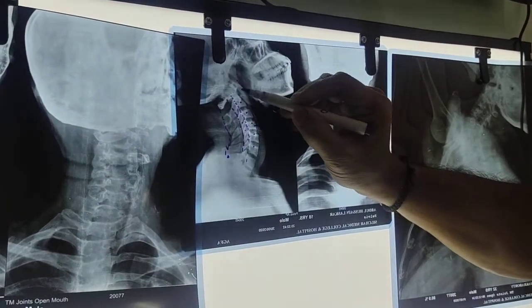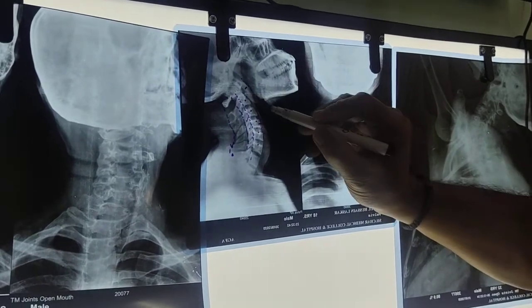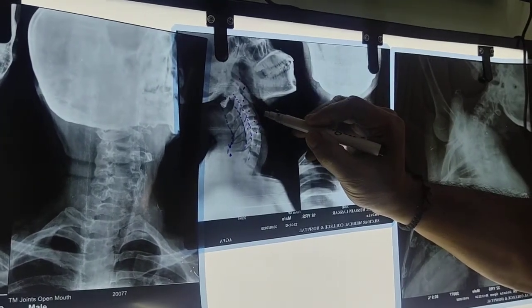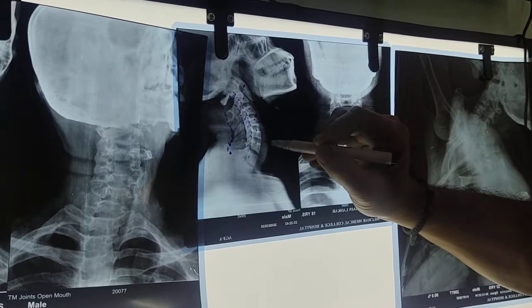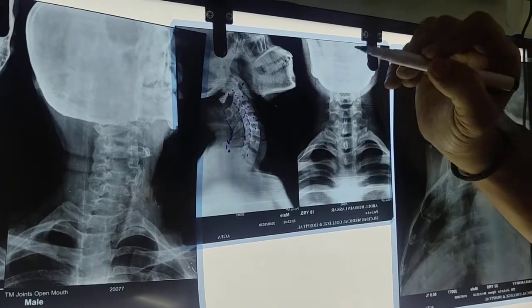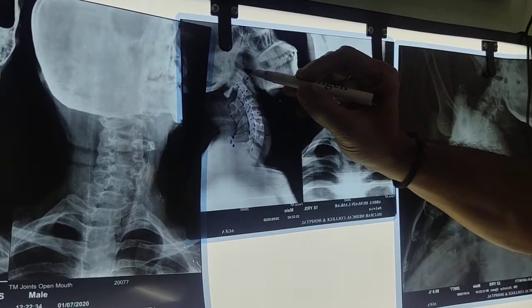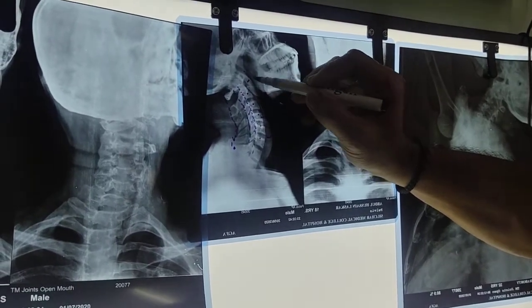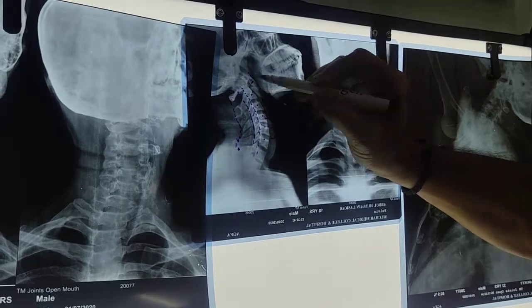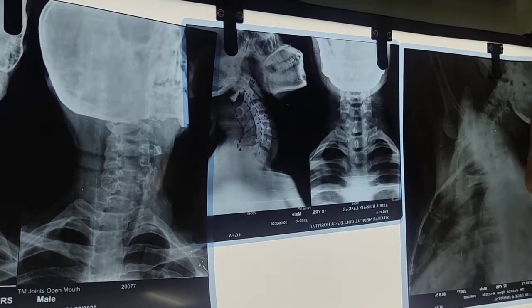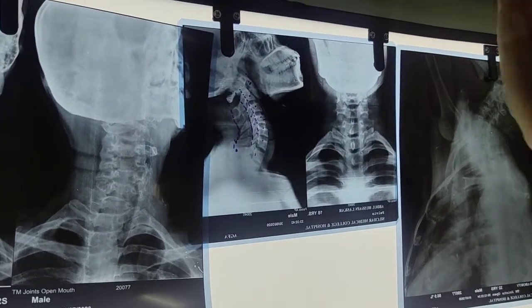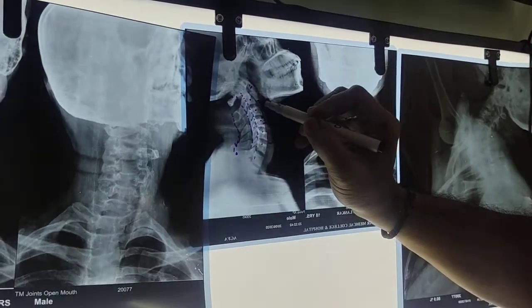This part is a bit more, almost 10. Here it is coming down to 4. Here it is coming to almost 17. So at the C1, C2 level it is about 7 to 10, almost 10. At the C3, C4 level it is less, because the nasopharynx is there.